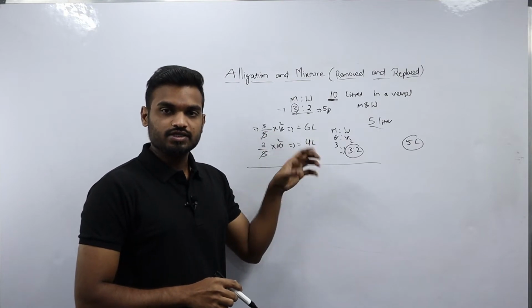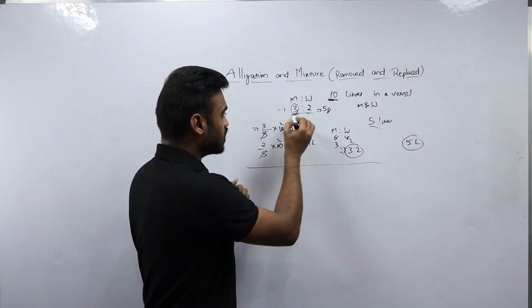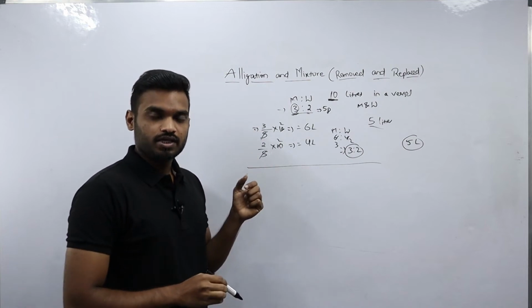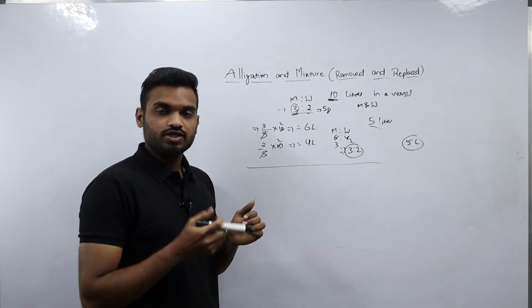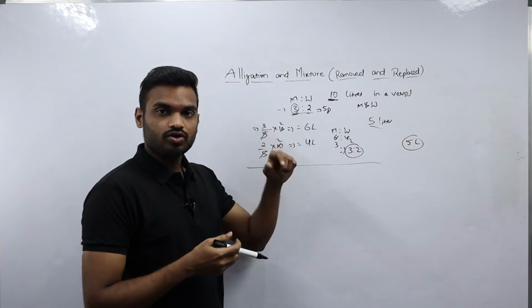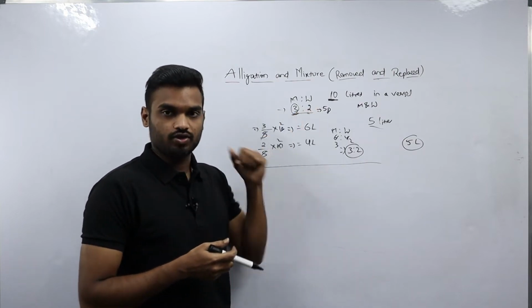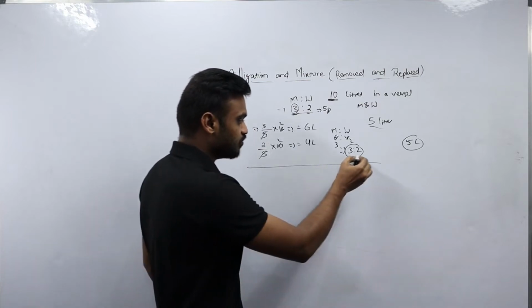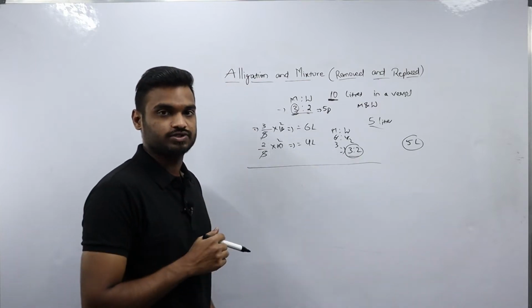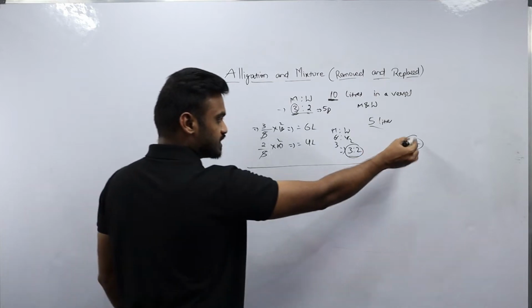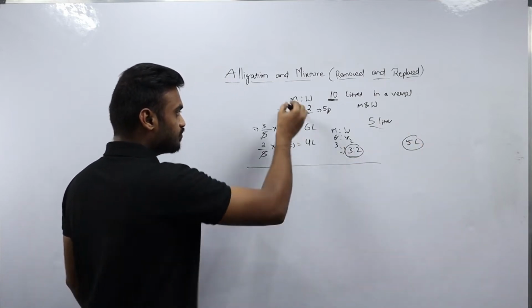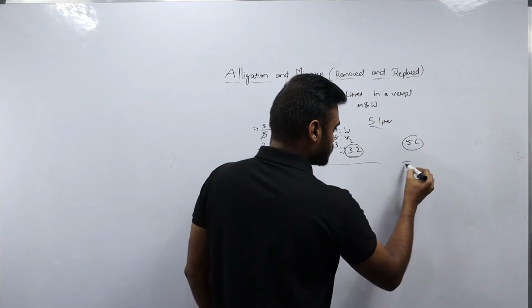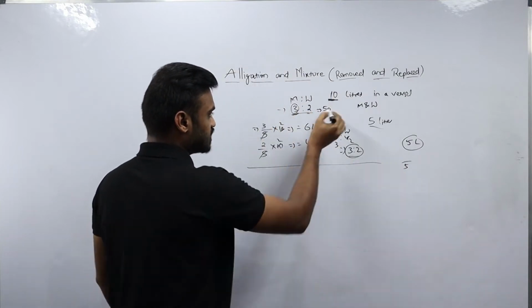Now in this 5 liters, there will be a combination of milk and water both. In this taken out 5 liters, what quantity of milk has been taken out and what quantity of water has been taken out? We need to find that out. After finding out, we will simply tell the ratio of milk and water after taking out 5 liters also. See here, out of this taken out 5 liters, what is the quantity of milk? Out of, what is the ratio initially? That is 5 parts, right?